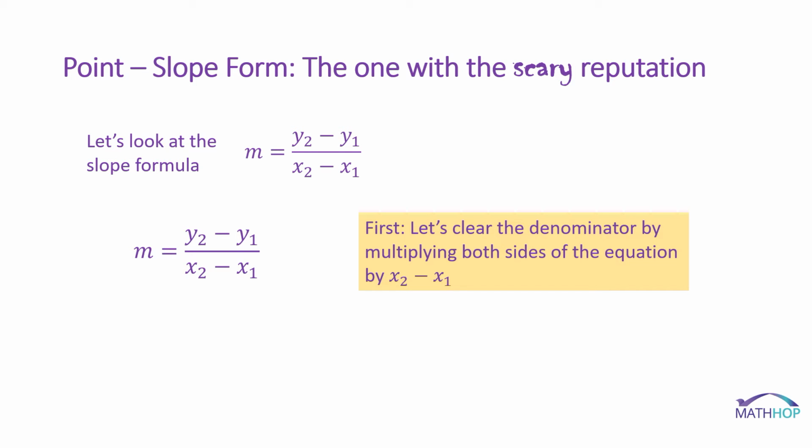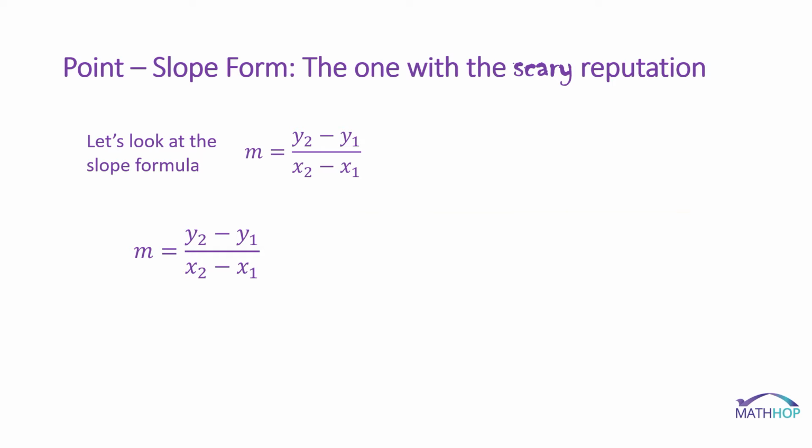Okay, so the first thing we want to do is clear this denominator. Denominators, we kind of hate them. We hate fractions in all of their glorious forms. So we are going to take the first step and clear this denominator. If we want to clear this denominator, we need to multiply both sides of the equation by that denominator. So we're going to multiply both sides of the equation by the change in x, or x2 minus x1.